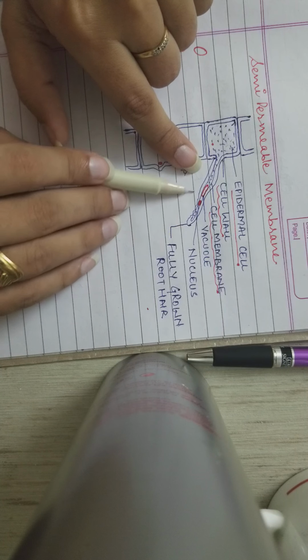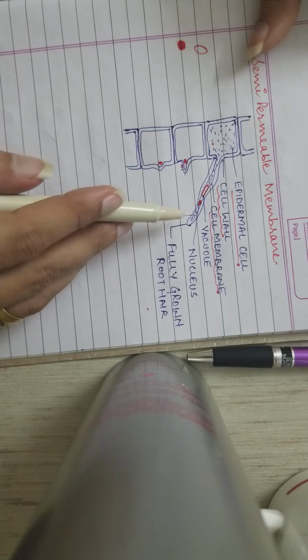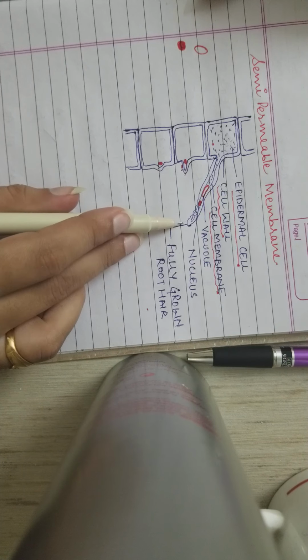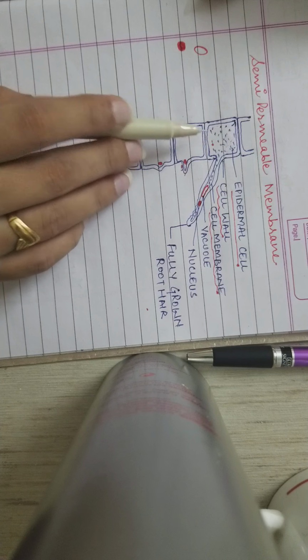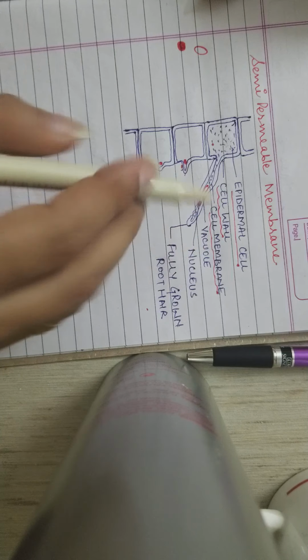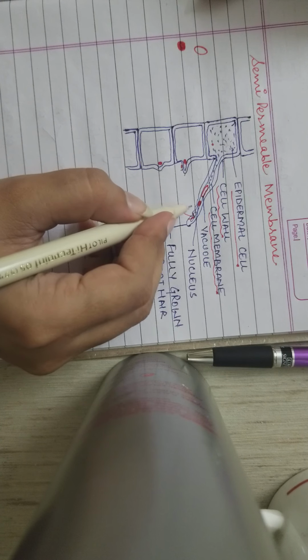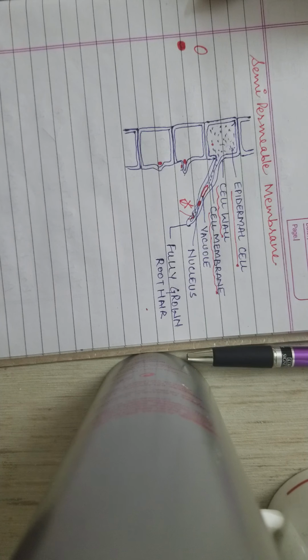The semi-permeable membrane of the root hair will permit the water and the mineral molecules to enter inside the cell sap, but it will not allow the molecules to move out. So the molecules will move in, but it will not allow the molecules to move out. Only they will move inside.